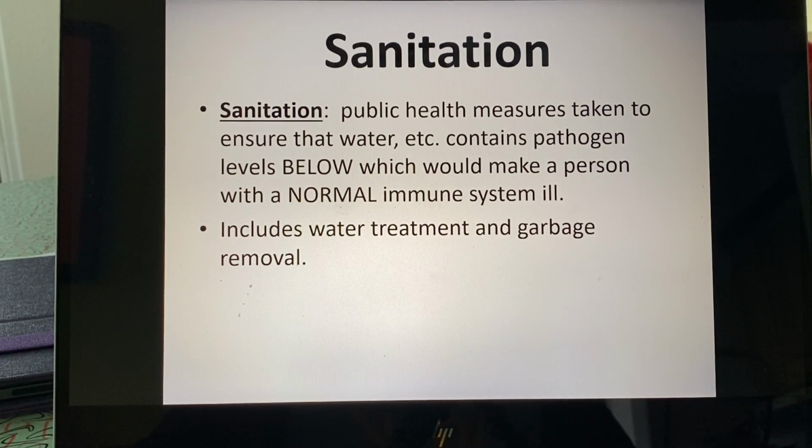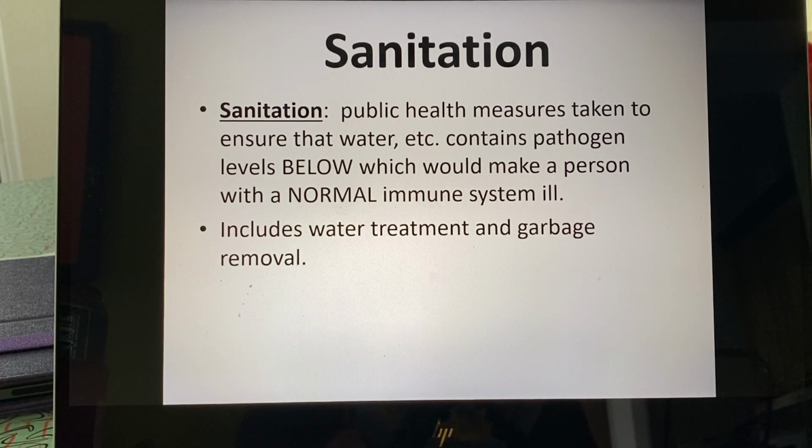Sanitation refers to public health measures taken to ensure that water, etc., has levels of pathogens below which would make a person with a normal immune system sick. So when we drink our tap water, unless we hear otherwise from the water department and our public health department, it's safe to do that.